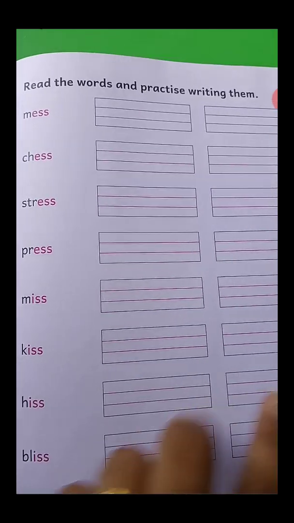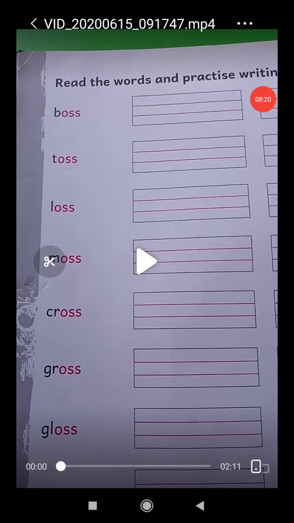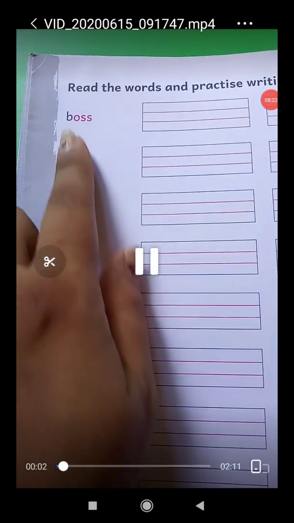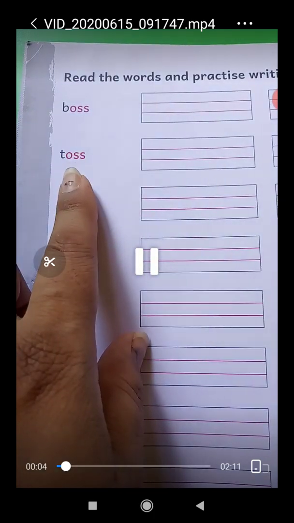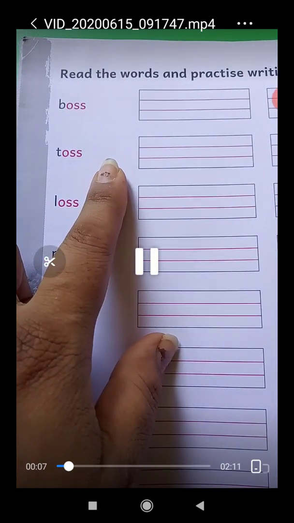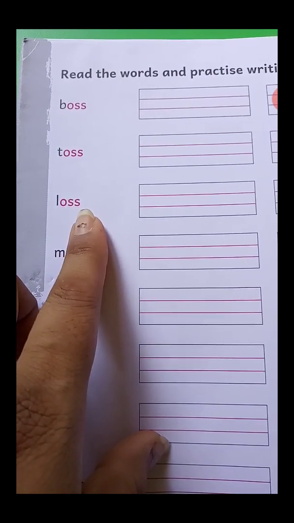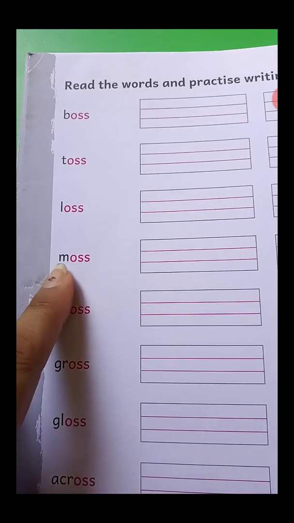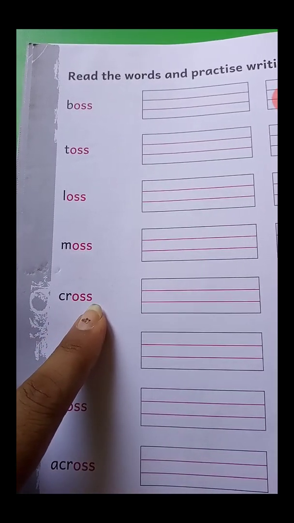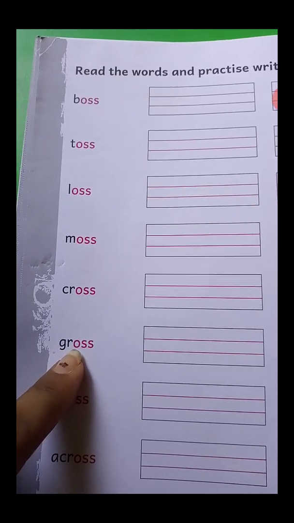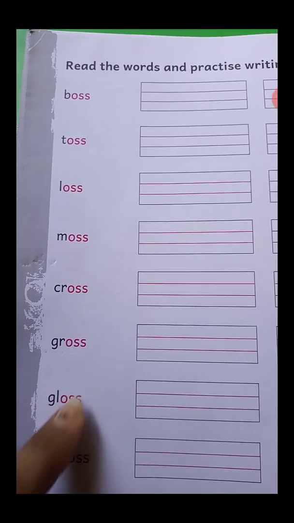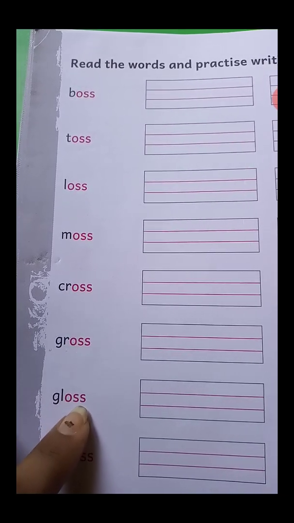BLISS, bliss. BOSS, boss. TOSS, toss. LOSS, loss. MOSS, moss. CROSS, cross. GROSS, gross. GLOSS, gloss. ACROSS, across.